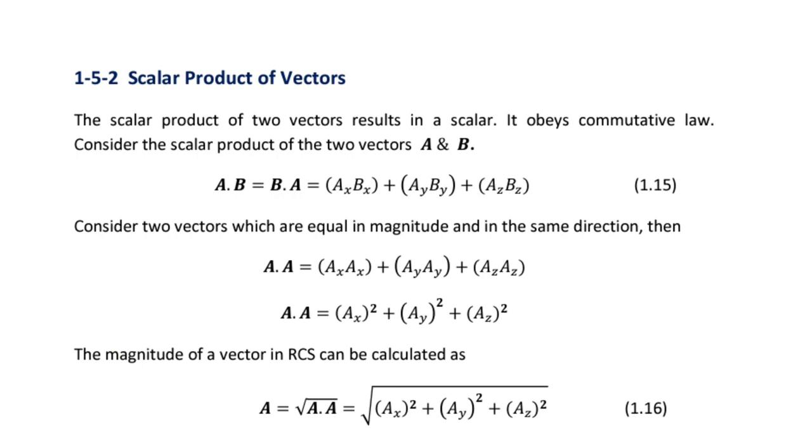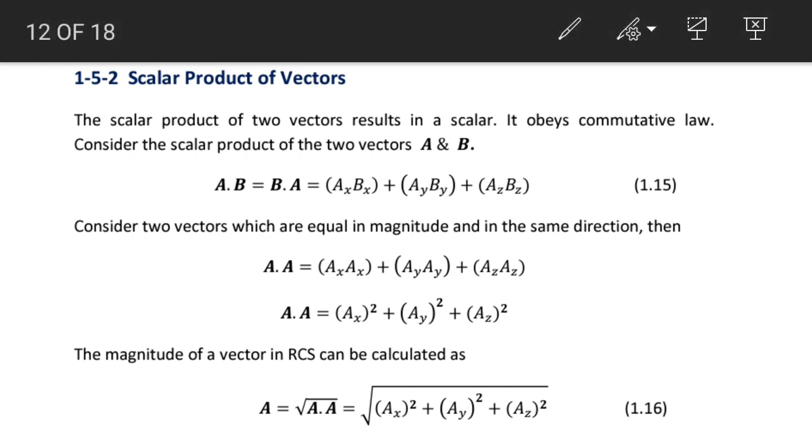Let us talk about the scalar product. The scalar product of two vectors results in a scalar quantity. It obeys the commutative law. So we consider two vectors, a and b, and we know that a dot b will be equal to b dot a.